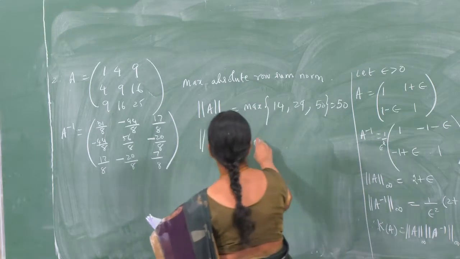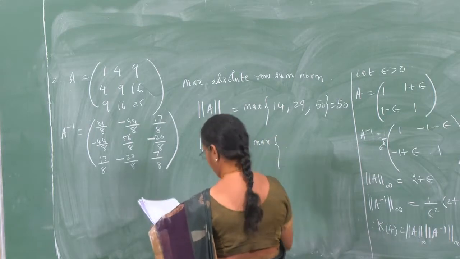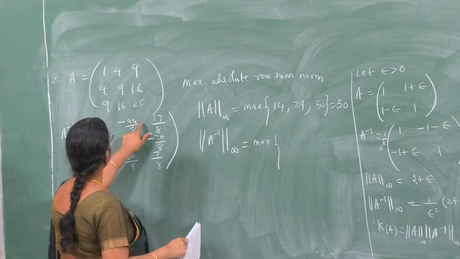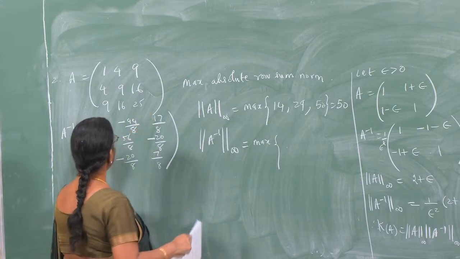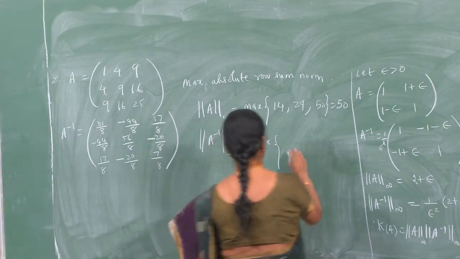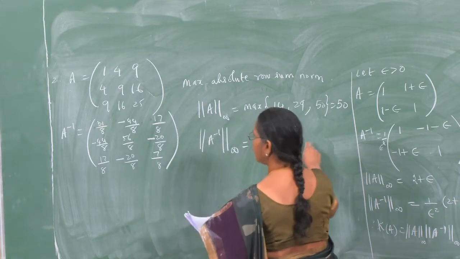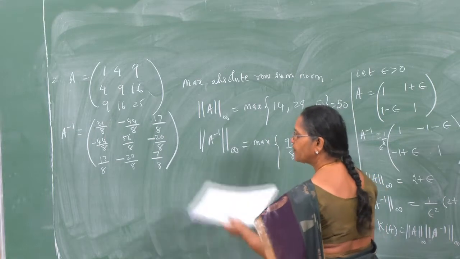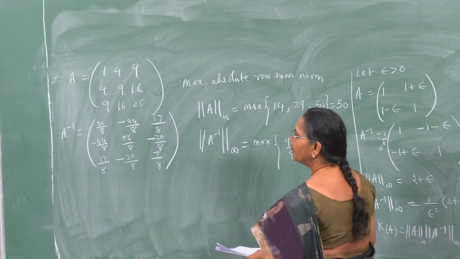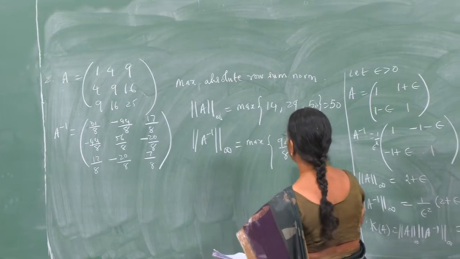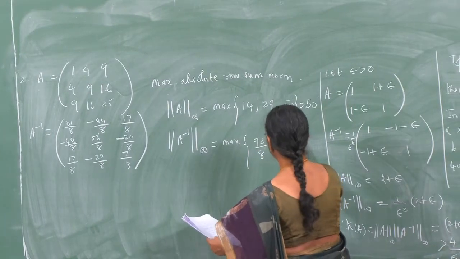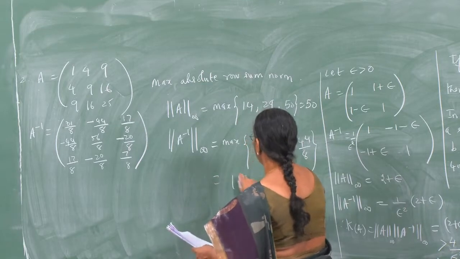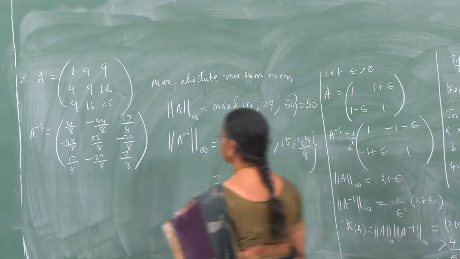That is going to be the maximum of 31 plus modulus of 44 plus 17 by 8, which turns out to be 92 by 8. Similarly, I compute the absolute row sum values for the second row and the third row. They turn out to be 15 and 44 by 8. So, the maximum is 15.